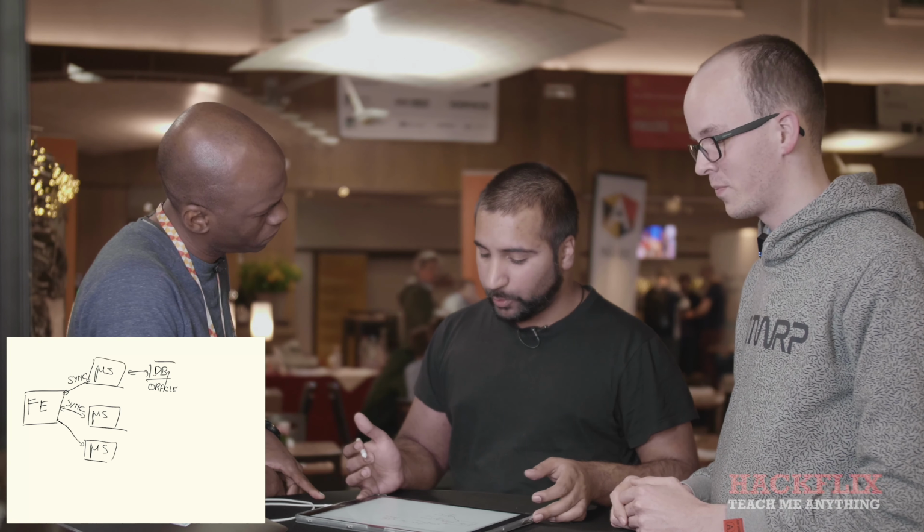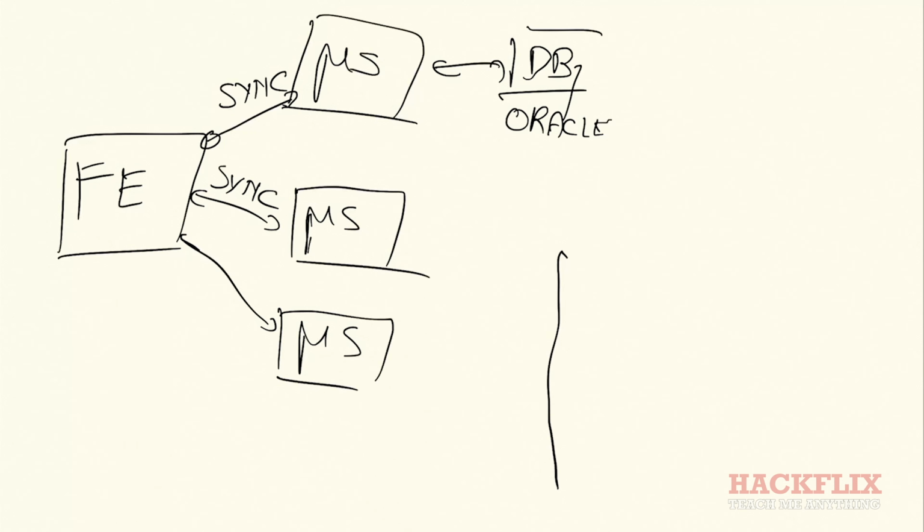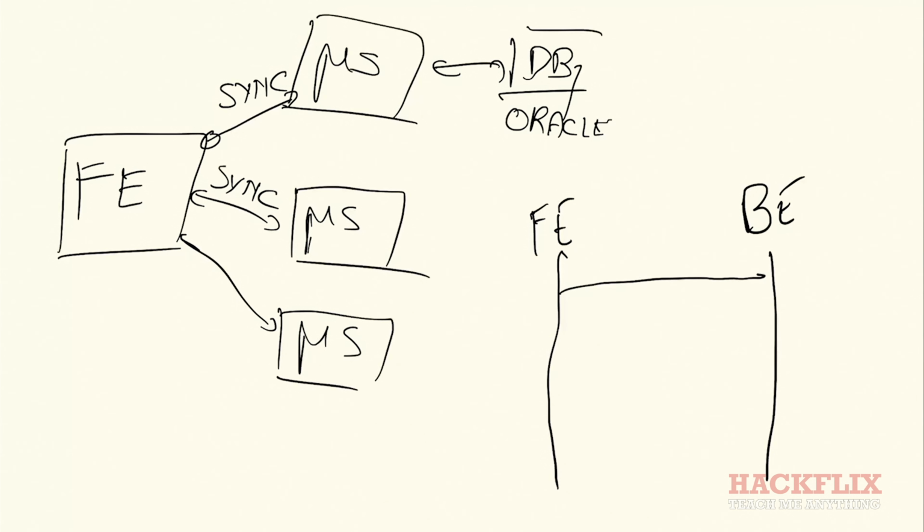So basically, I'm going to explain this now in a timeline way. The front end is basically on this side, and here we have the back end. Every time the front end wants to make a request, so basically a pull request, it is making a call.